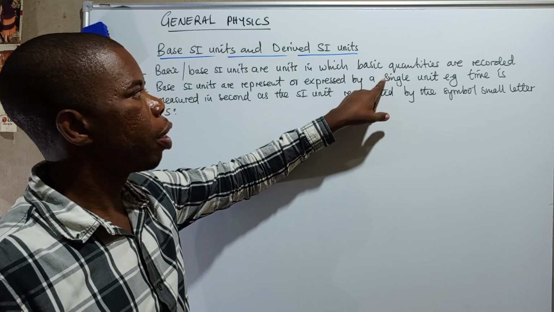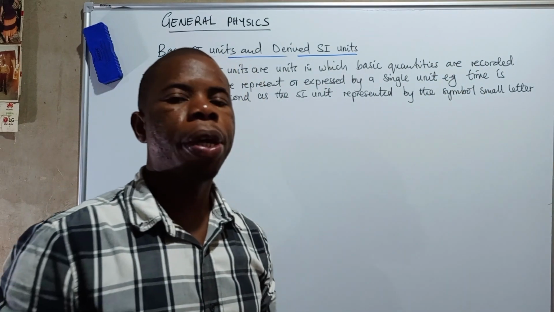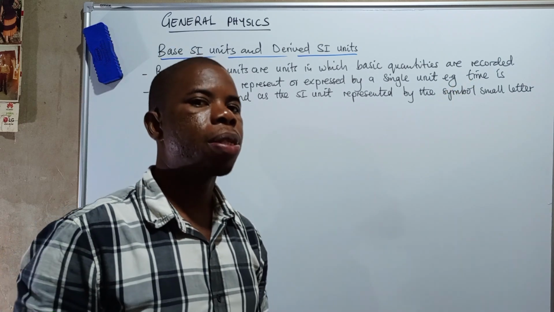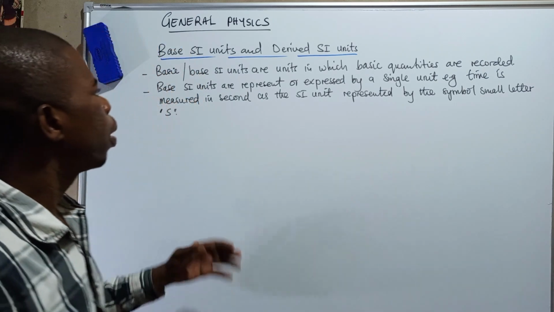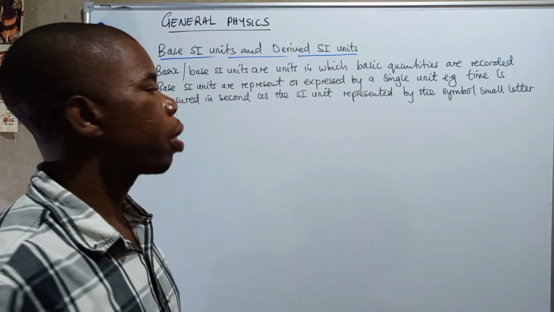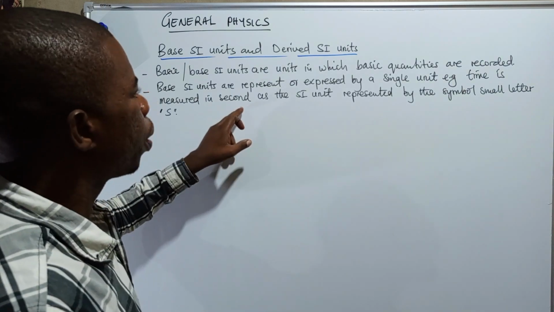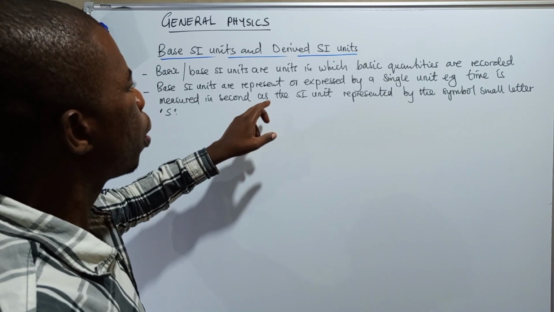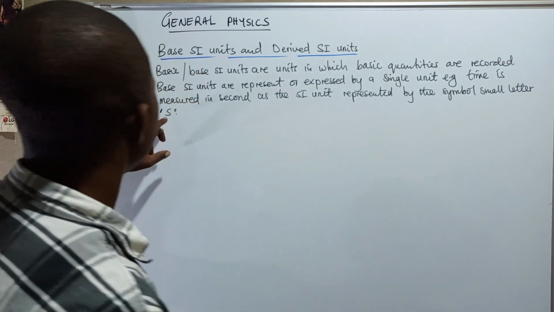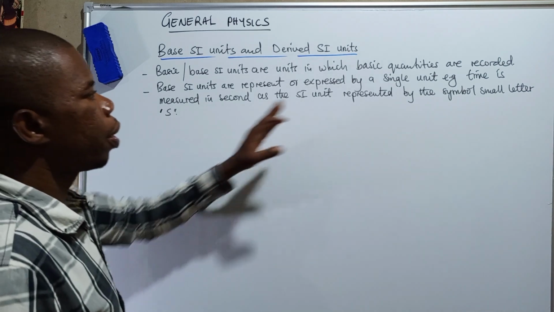E.g., time: I already taught that time is a base quantity. It's a basic quantity, and because it is a basic quantity, its SI unit is also a base SI unit. That base SI unit is actually a second, and this second is an SI unit represented by the symbol small letter s. So you have seen this one is a single unit. That's what we mean by a single unit.